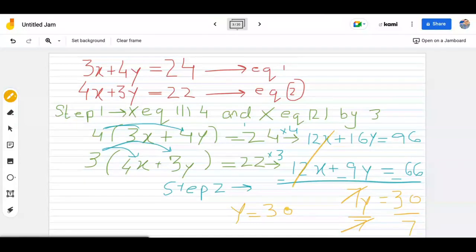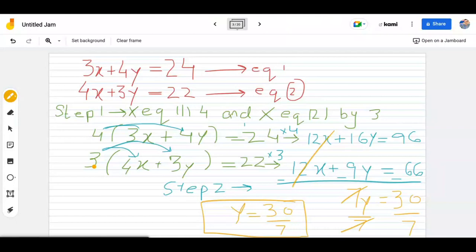30 by 7. All right, so we can circle the answer. Let's go back and check our answer. The first equation, we multiply by 4: 4 times 3 is 12, 4 times 4 is 16y, and 4 times 24 is 96.